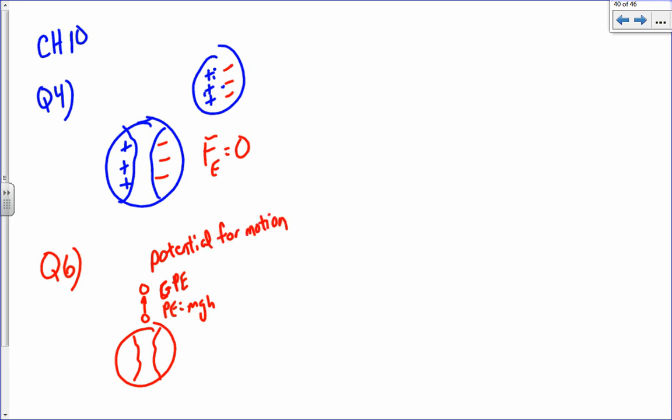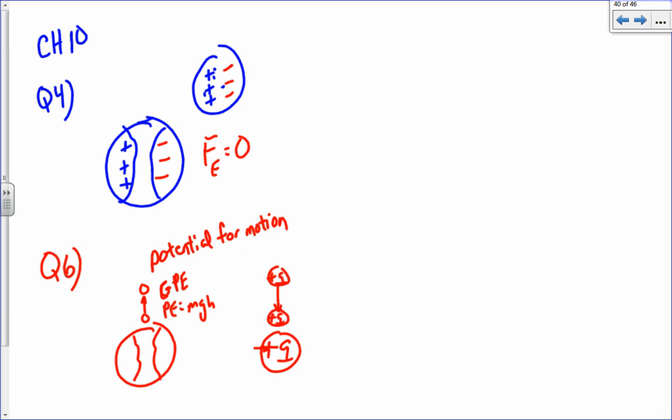In a similar way, let's say that I have a positive particle here, and I move a charged particle within the charged particle's field, then I give it also potential for motion. So let's say, for example, I have another positive particle, and this is one of the ways that it's different, and I move it in this direction.